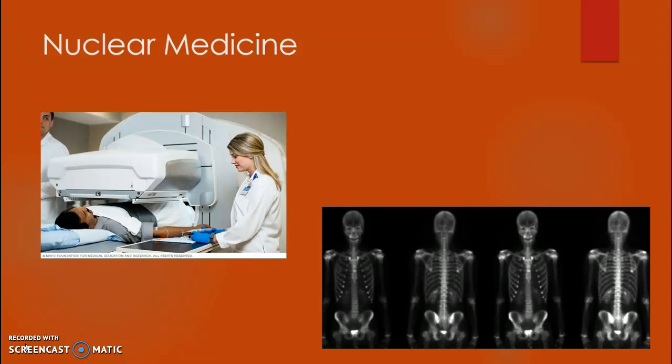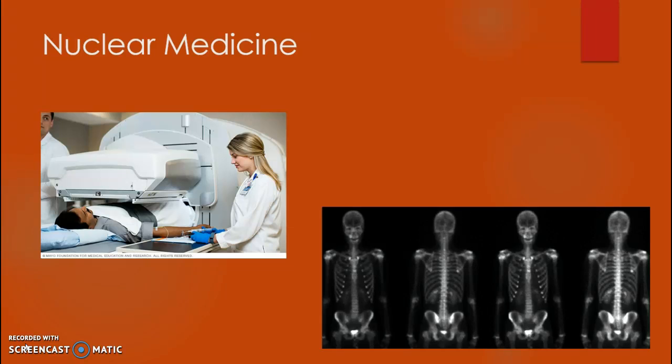Nuclear medicine is most definitely radiation that we use to acquire the image, but it's radioactivity. Each type of nuclear medicine exam has a different type of radioisotope that we use that has an affinity for the part of the body that we're looking at.